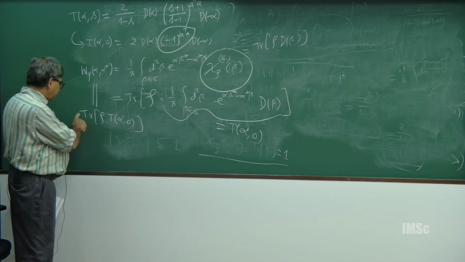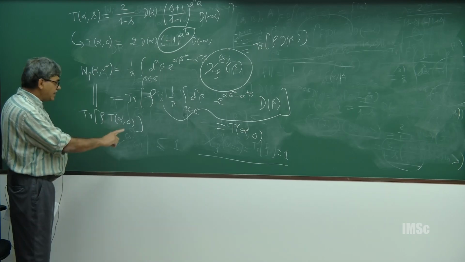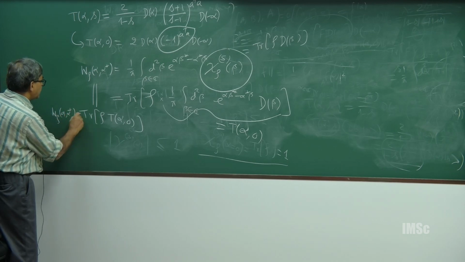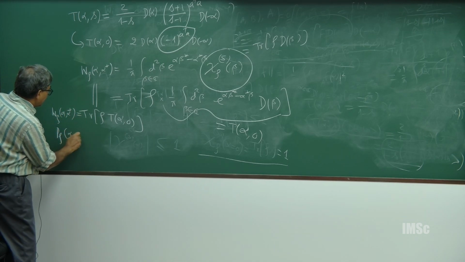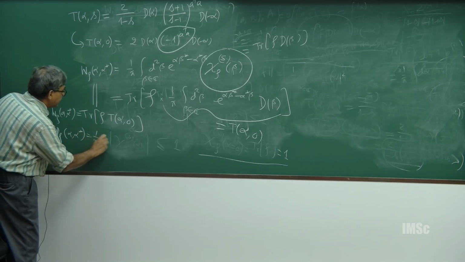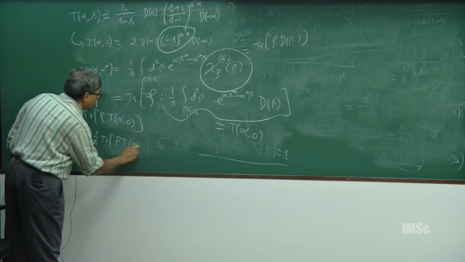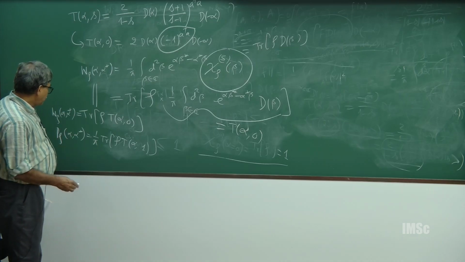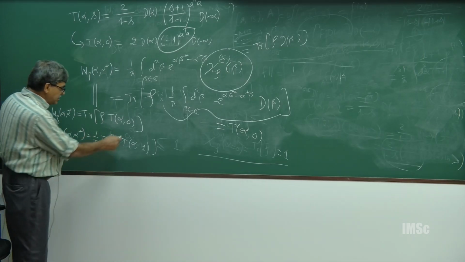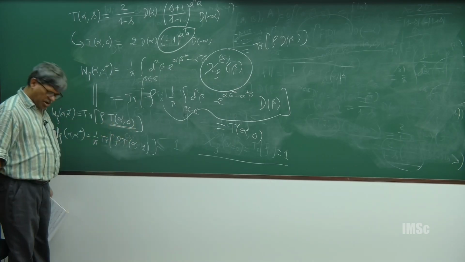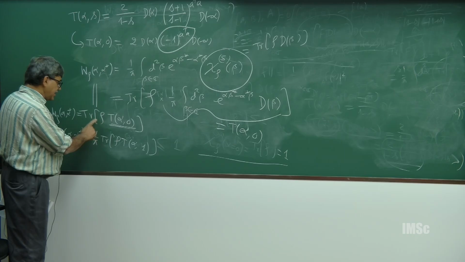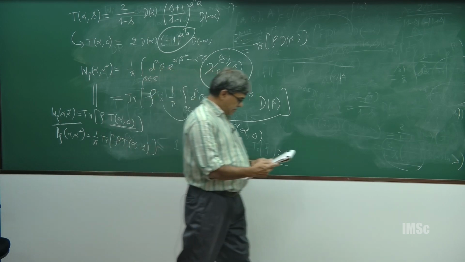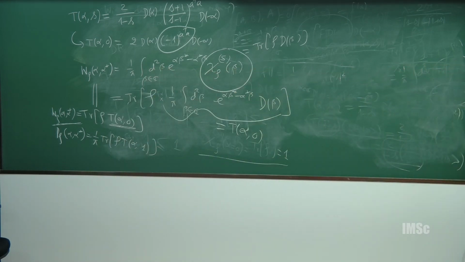There is a factor there, but otherwise, for the P distribution we had P of alpha alpha star equal to 1 upon pi trace of rho T of alpha 1, with s equal to plus 1. This is what we have seen. So, again you can interpret it like this: this is a Hermitian operator. You measure the Hermitian operator on the state, and the average value will be your Wigner distribution.